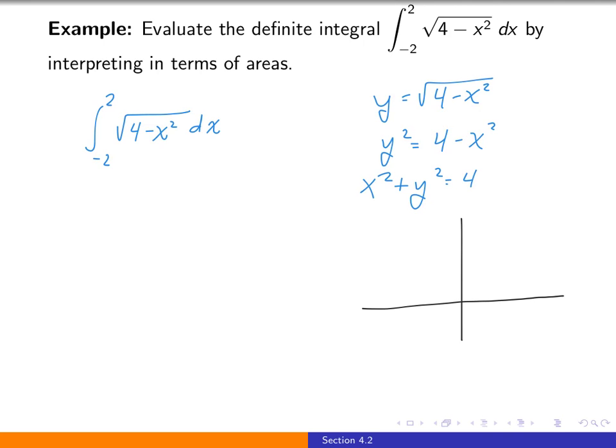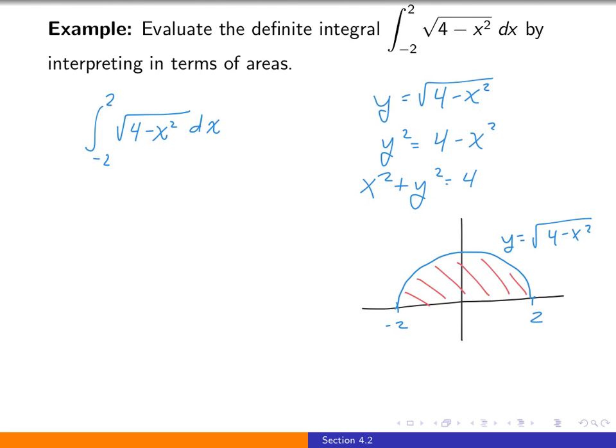So the curve that we have, y equals the square root of 4 minus x squared, we're going from -2 to 2. If we would like to evaluate the definite integral from -2 to 2 of this function, that is a fancy way of asking how much area is enclosed between that curve and the x-axis.